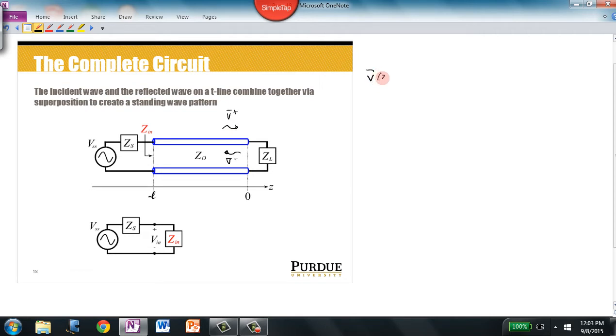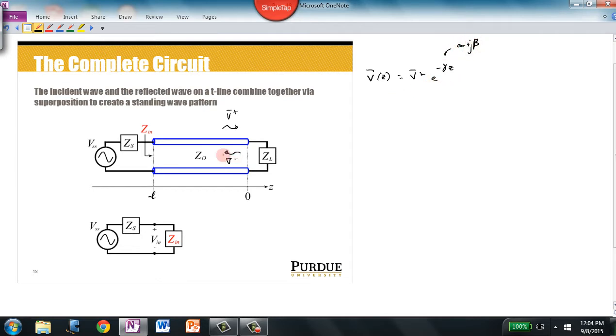And specifically, we say that the voltage along the length of the transmission line is equal to the incident voltage wave, V bar plus, and it's got a sinusoidal component, e to the minus gamma z, where gamma is the complex propagation constant, alpha plus j beta.